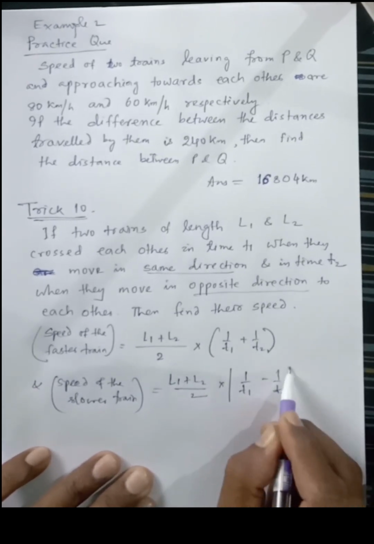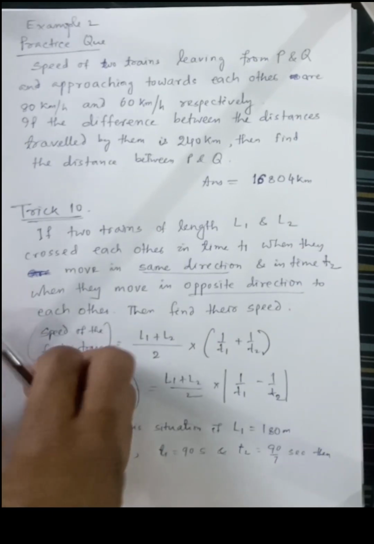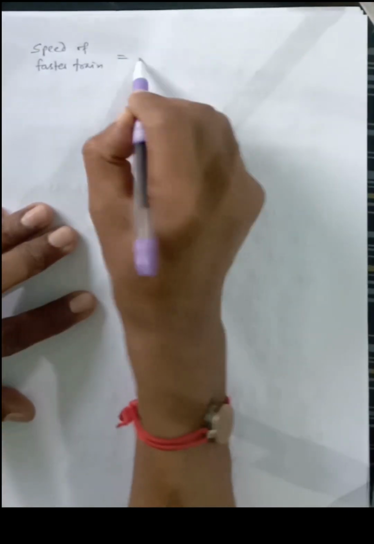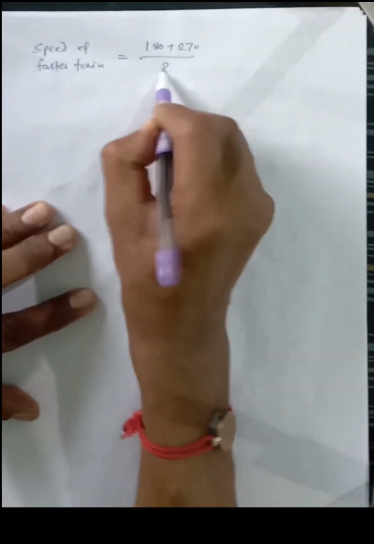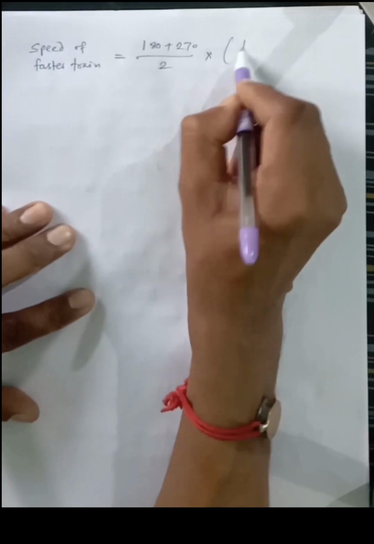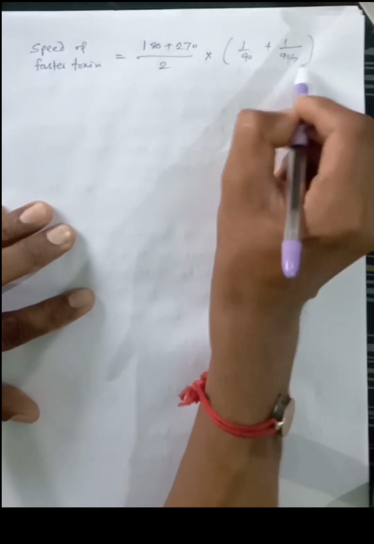Example. In this situation, if L1 is equal to 180 meter and L2 270 meter, T1 90 second and T2 90 by 7 second, then speed of the train. Speed of the faster train is equal to 180 plus 270 divided by 2 multiplied by 1 by 90 plus 1 by 90 by 7.